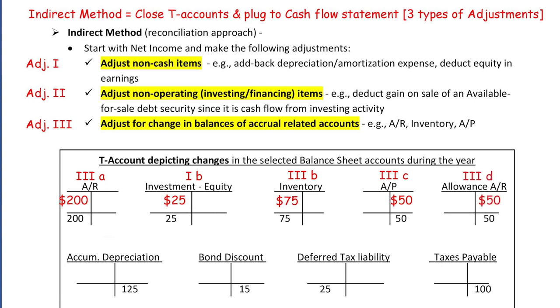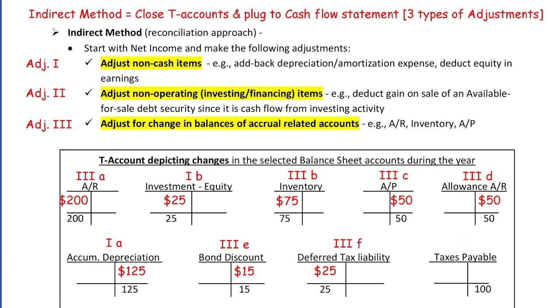For accumulated depreciation, which is a non-cash item, write 1A and credit number is $125. Bond discount, write 3E and the credit number $15. Deferred tax liability, write 3F, debit number $25.